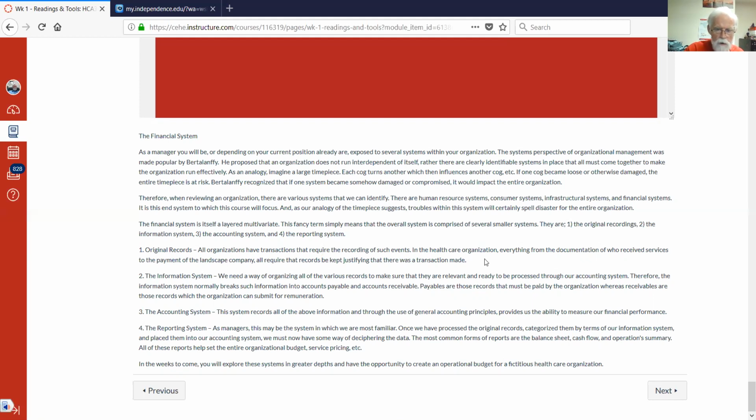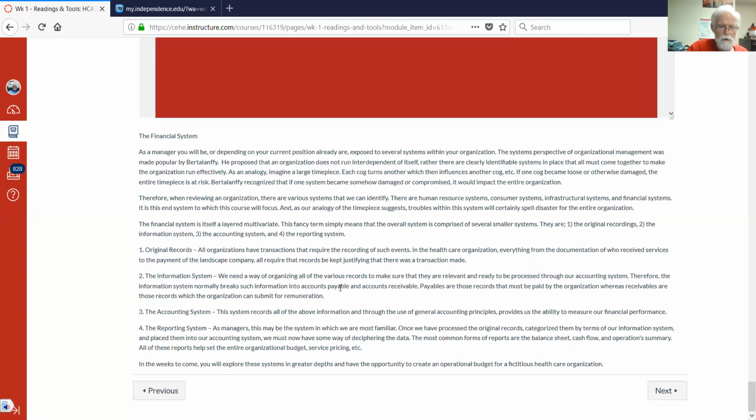In a healthcare organization, the documentation of who's been given service, the payments by the patients, payments to our contractors, all require records being kept because we are audited, not just by financial auditors, but by Medicare and so forth. All of the government agencies that get involved require a lot of auditing as well.